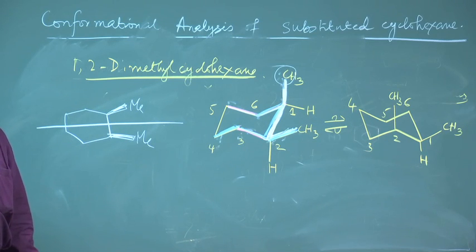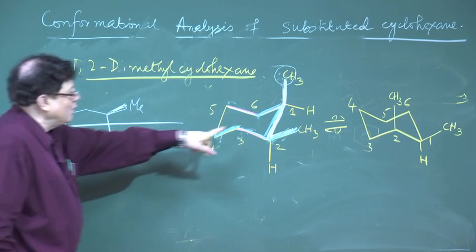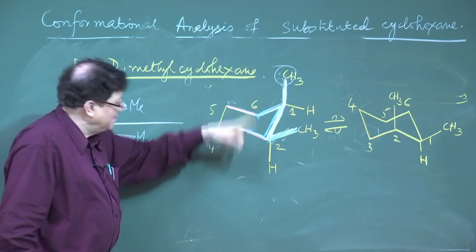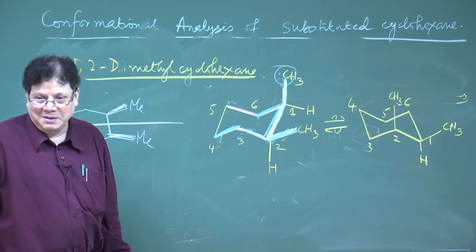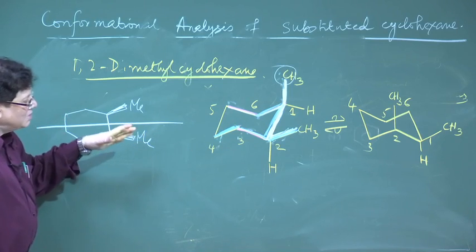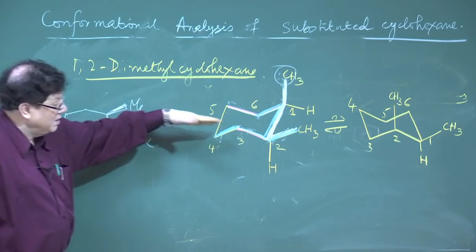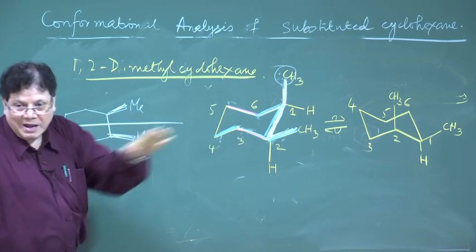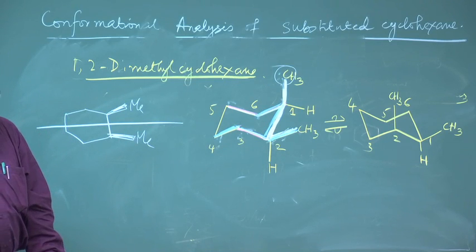But in the actual conformation, this is axial, that is equatorial. So, there is no plane of symmetry. In the actual conformer, there is no plane of symmetry.